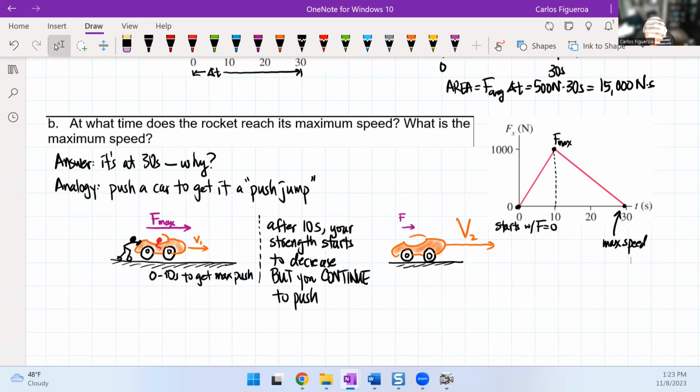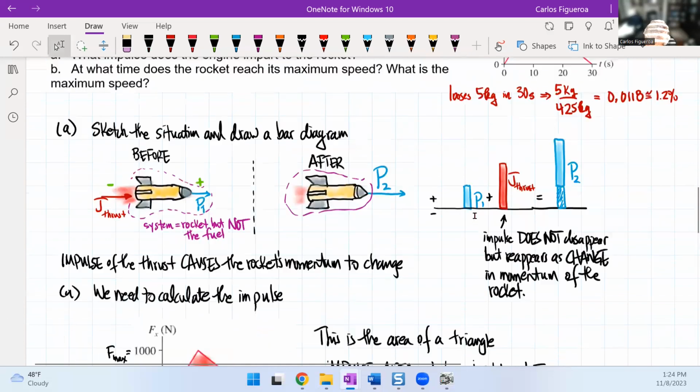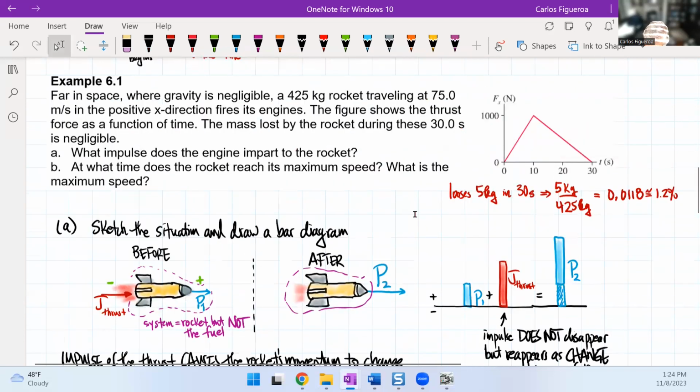Well, what I'm going to do here is that to calculate max speed, apply the impulse momentum theorem. But wait a minute, we've already done that. This is what we were setting up right here, right? Here's our impulse momentum theorem.